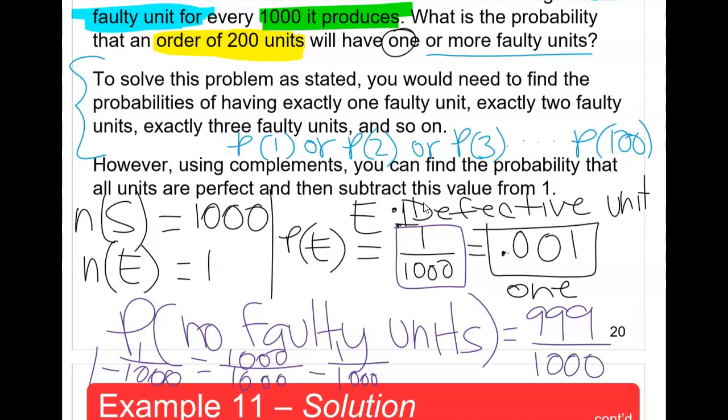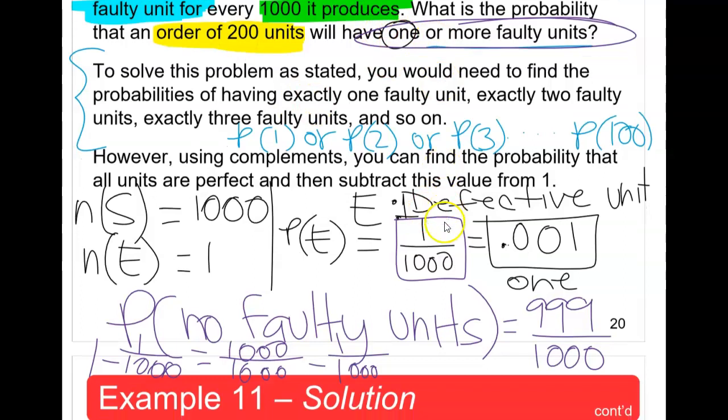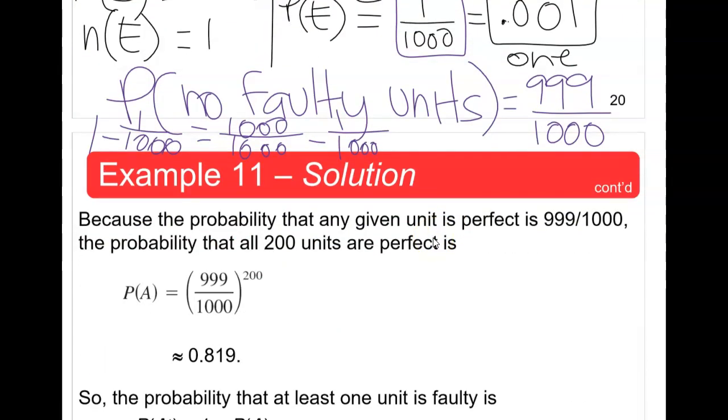And so that will be the only way that you will not get a defective unit. So it will be kind of like the opposite of obtaining one or more. So the event of obtaining no faulty units will be 999 over 1,000.